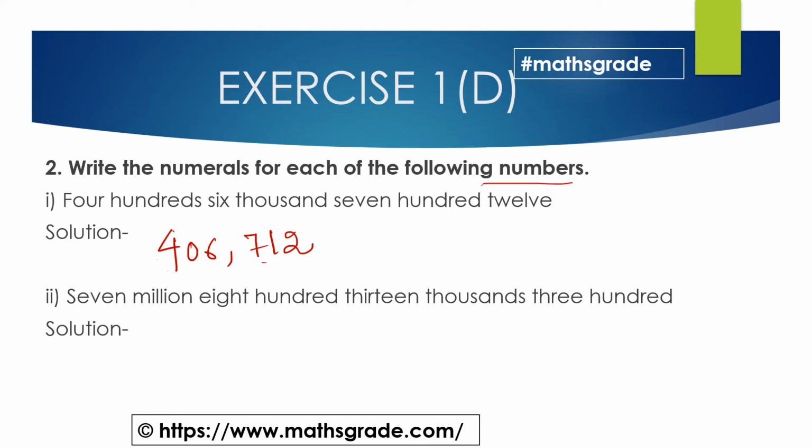So this is the numeral or number form of this number given in word form. 406,712, this is thousands place and this is hundreds place.